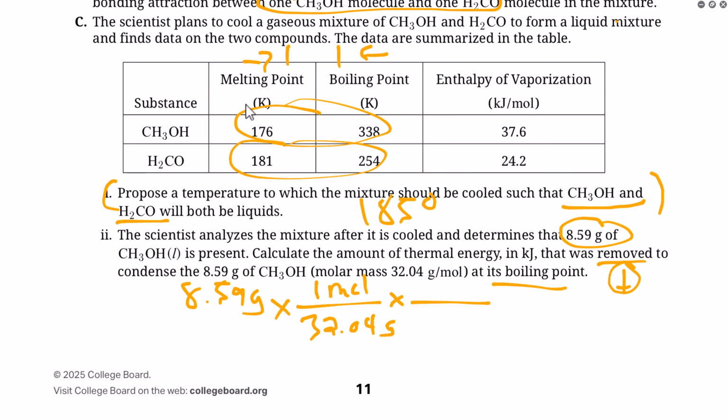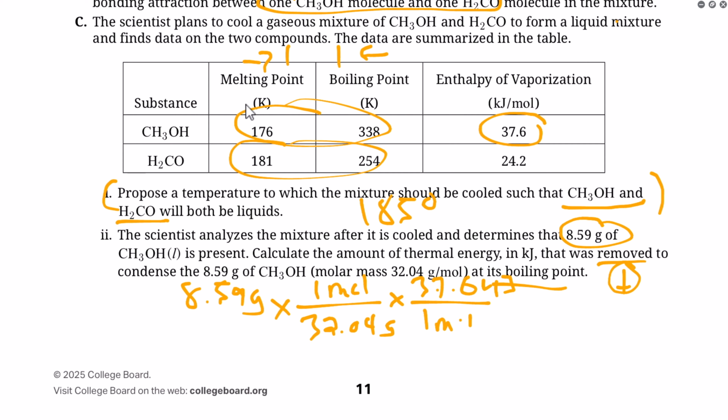And it gives us the enthalpy of vaporization here. So that is going to be 1 mole is 37.6 kilojoules. So just do a little bit of math here. So 8.59 divided by 32.04 times 37.6.